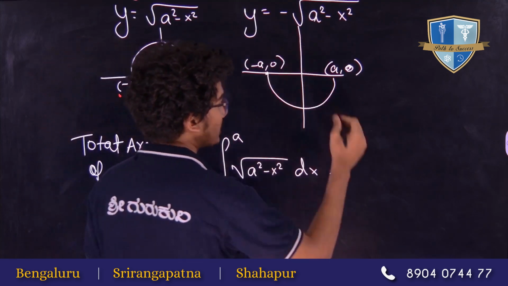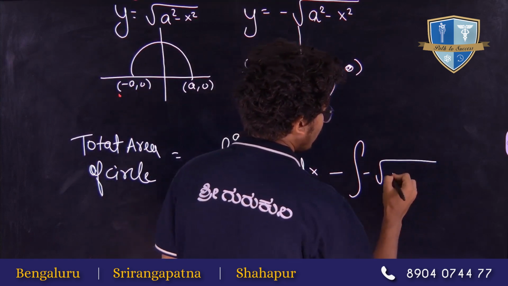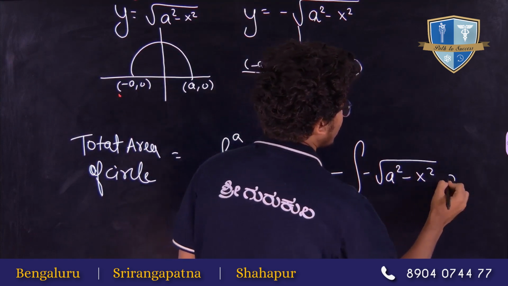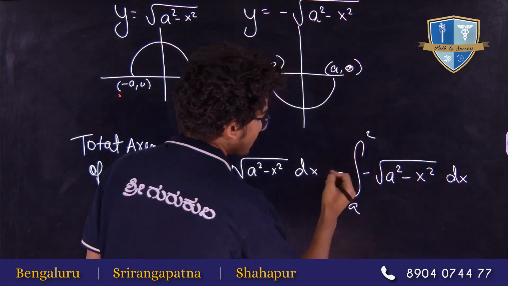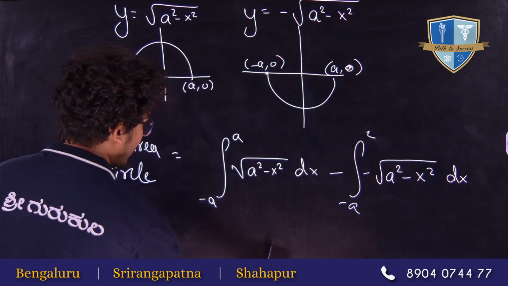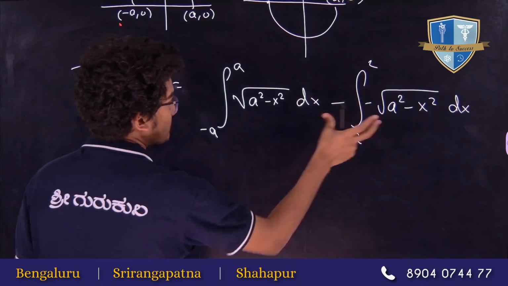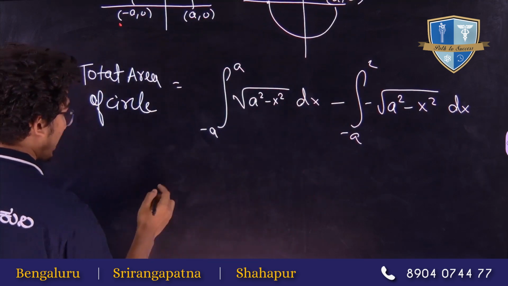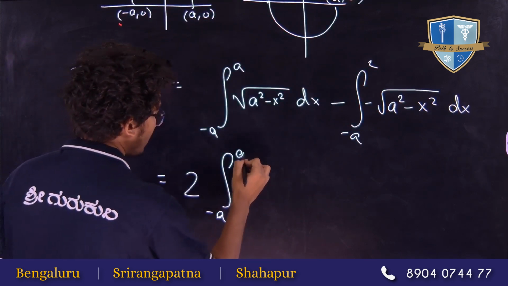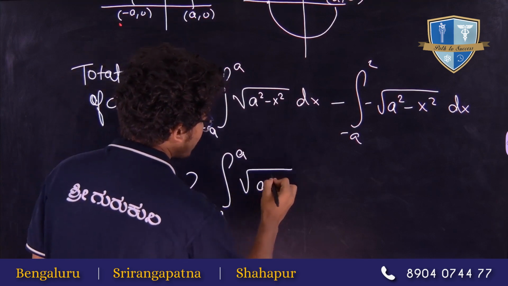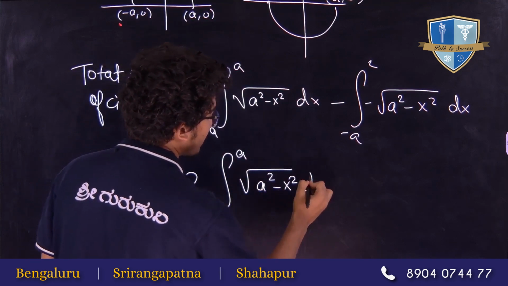The equation is minus root of a square minus x square dx, with limits again minus a to a. So this minus will become plus, and both terms are exactly the same, so this will become 2 times the integration from minus a to a of root of a square minus x square dx.